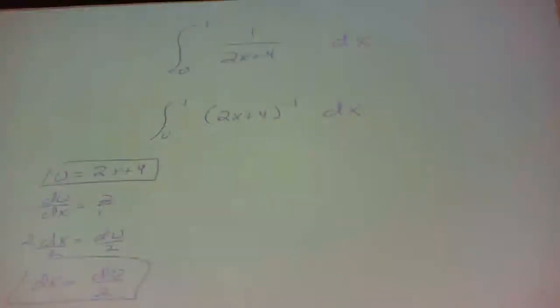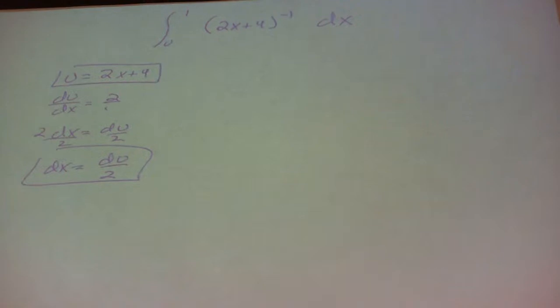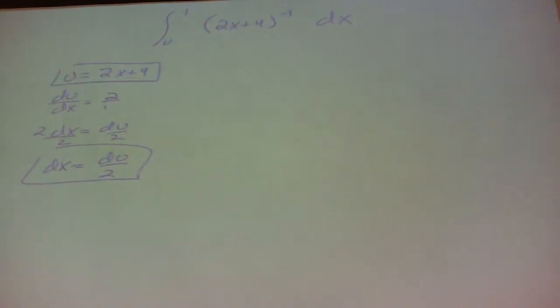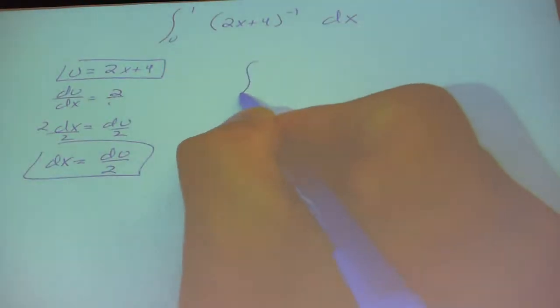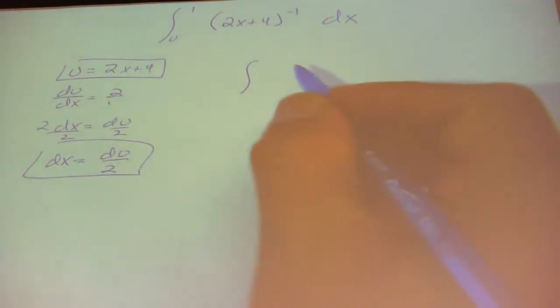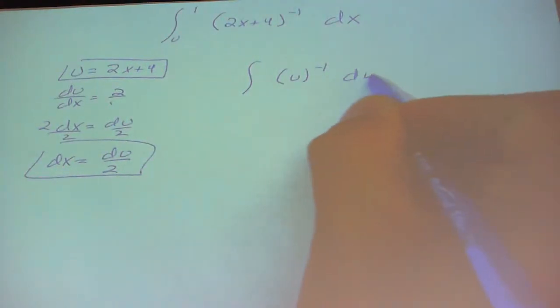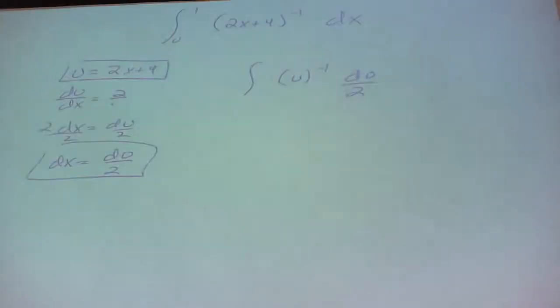If you struggled with U substitution, that's 5-2. You have to go back and study. If you don't know 5-1 and 5-2, you're not able to do 5-5. Okay? So let's not worry about the numbers right now, the 0 and the 1. But if I did the U substitution, this would be U to the negative 1 du over 2.